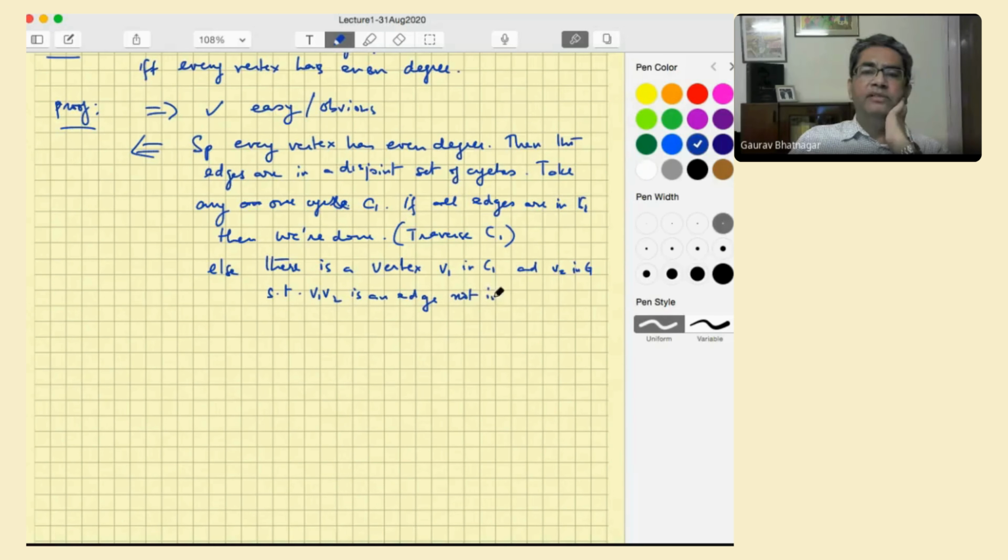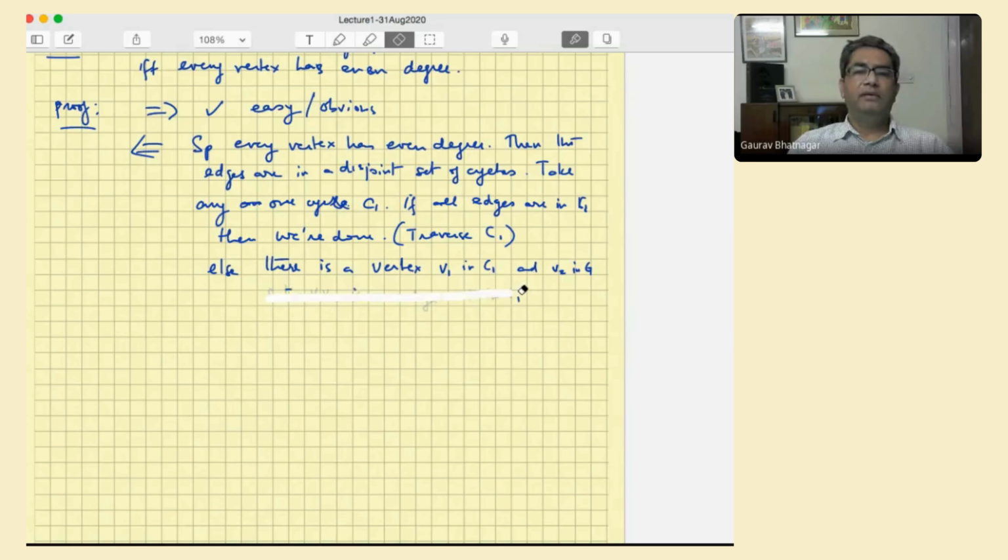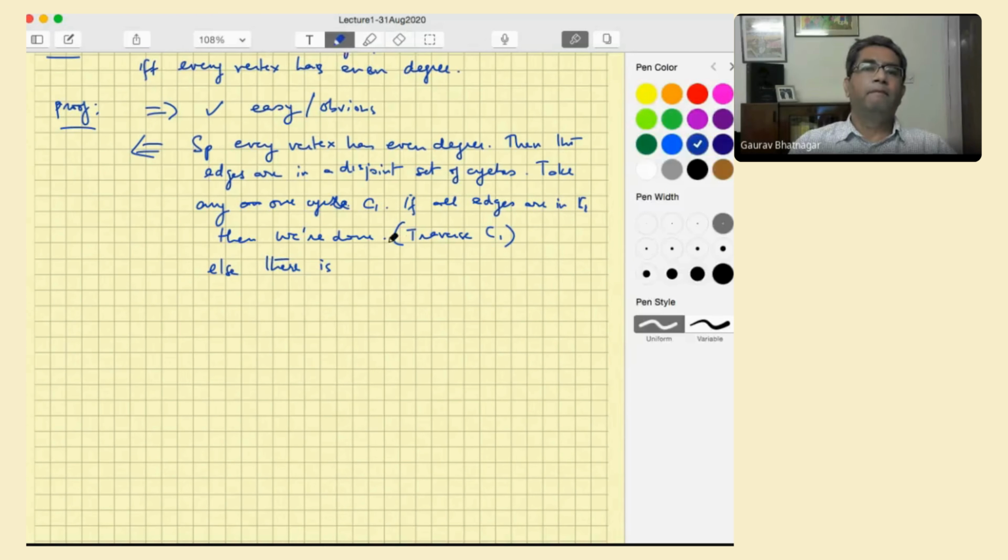Let me just say, otherwise there is a V1 in C1 and V2 not in C1 such that V1, V2 is an edge.